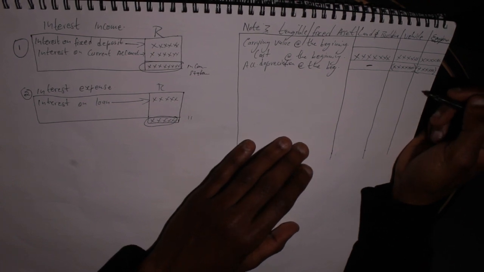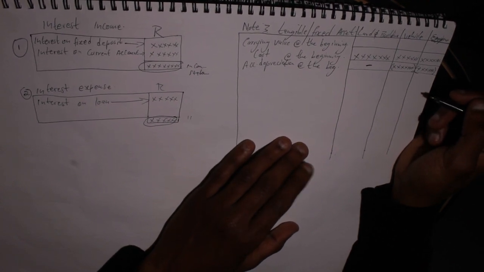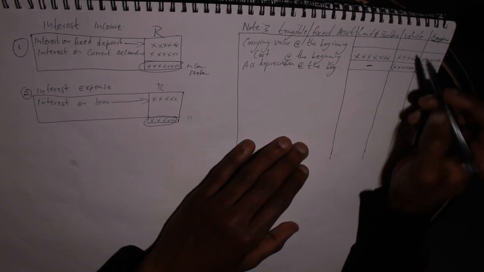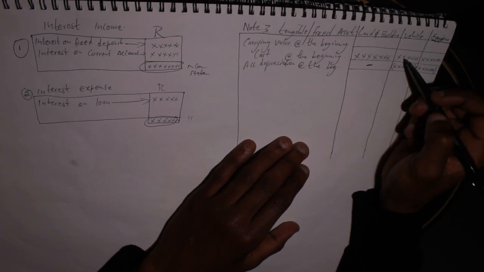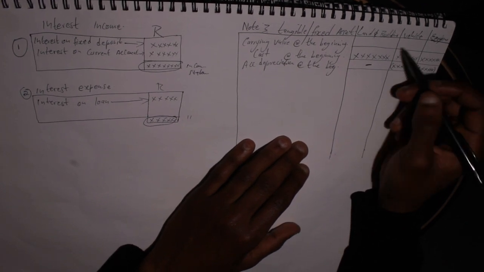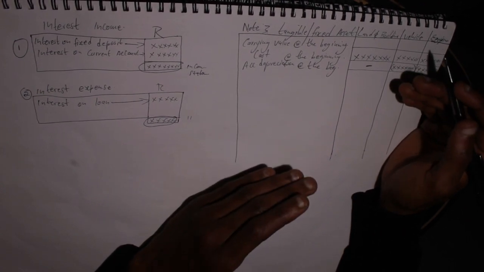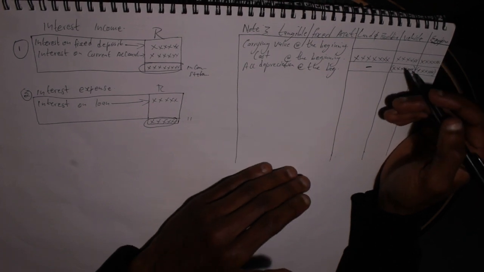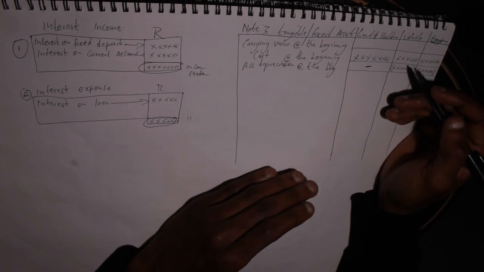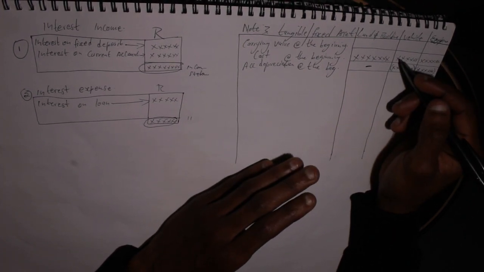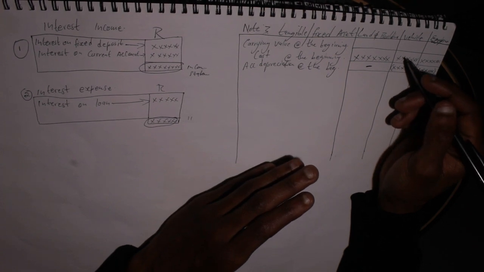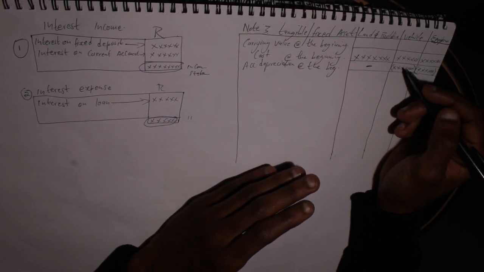So now, what will happen now? Let's talk carrying value. How do we get to carrying value? I would like to start with vehicle. It's very simple. Carrying value, we just want to know the value of the vehicle at the beginning. At the beginning, we had the cost price when we first bought the vehicle, and then we lost value.